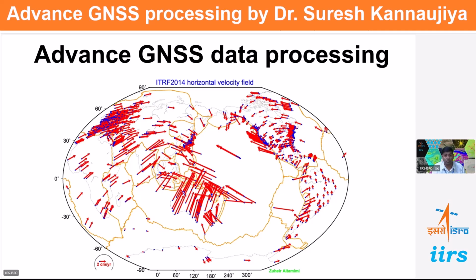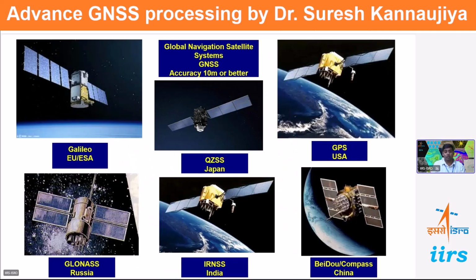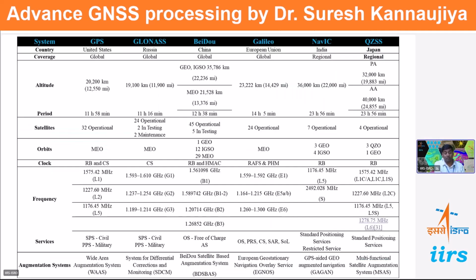These are the GNSS satellites you can see, and how they are developed and how they look. Some of them are regional, some local, some global. I don't need to discuss all these things. This is the specification of the GNSS, starting from GPS to GLONASS, Galileo, BeiDou, NavIC, and QZSS.